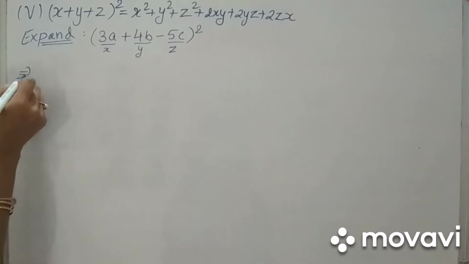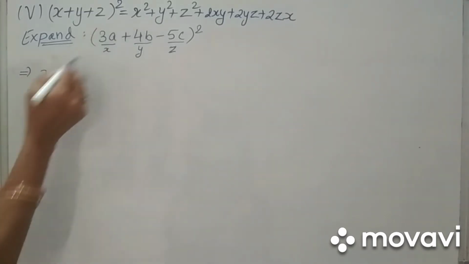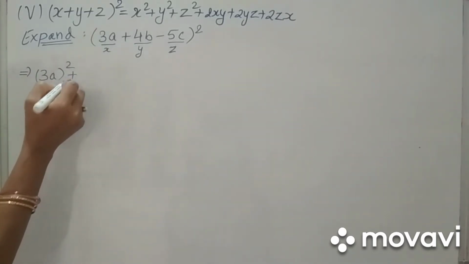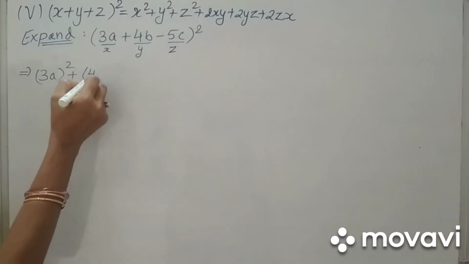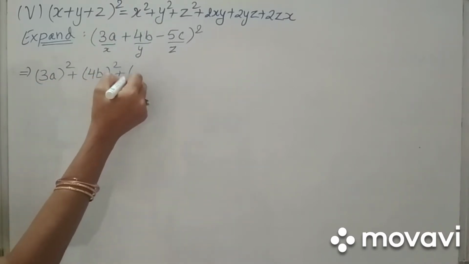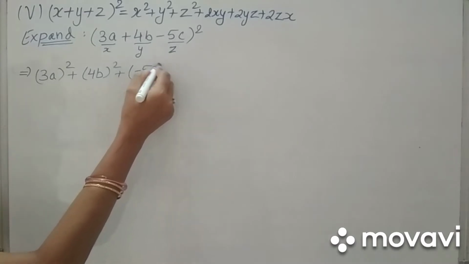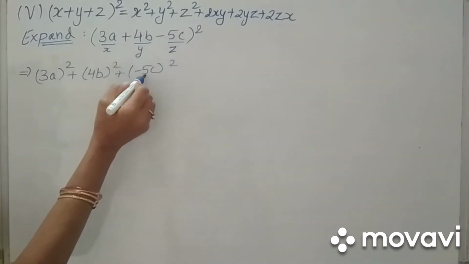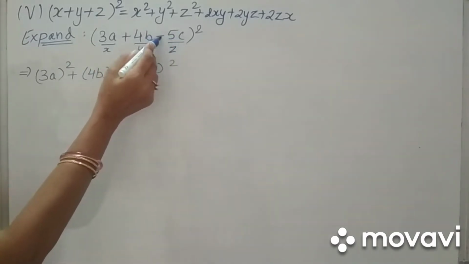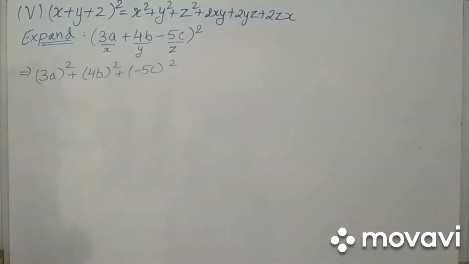So x square means (3a) square plus y square means (4b) square plus z square means (-5c) square. Dear students, keep in mind, whichever sign is with that term, you have to write it.